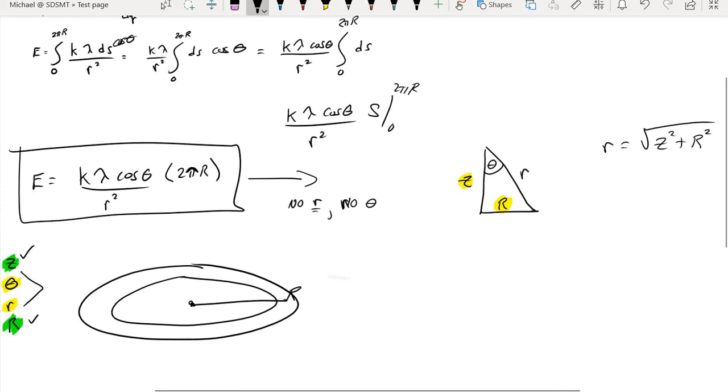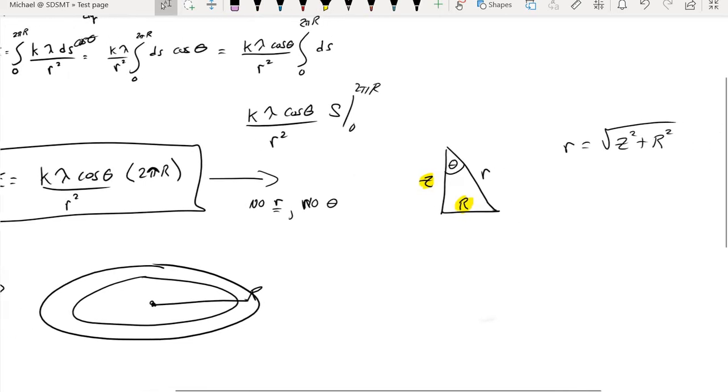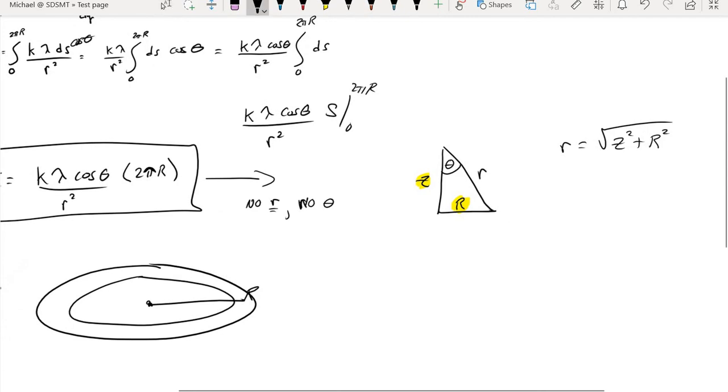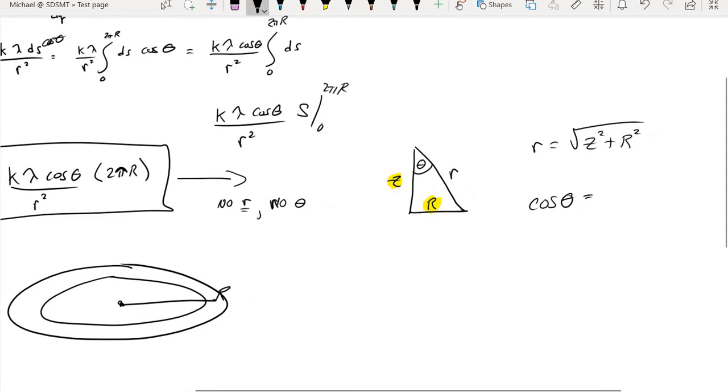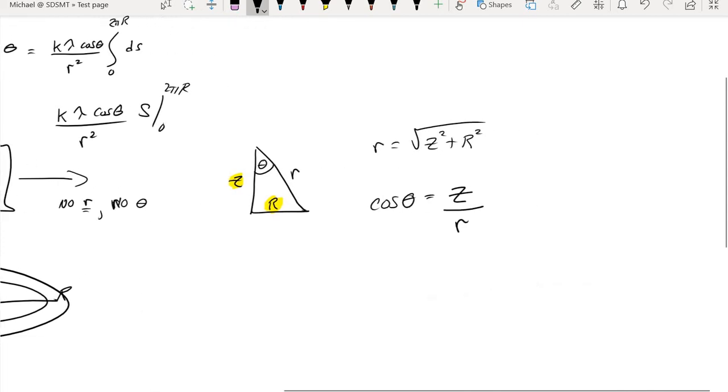Theta, well, in our expression we're using cosine theta, so we will need to replace cosine theta with something involving z and big R. The definition of cosine is adjacent over hypotenuse. The adjacent leg to theta is z, and the hypotenuse is little r.